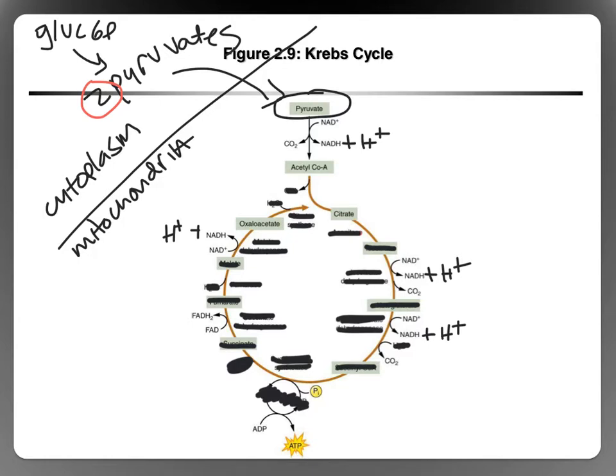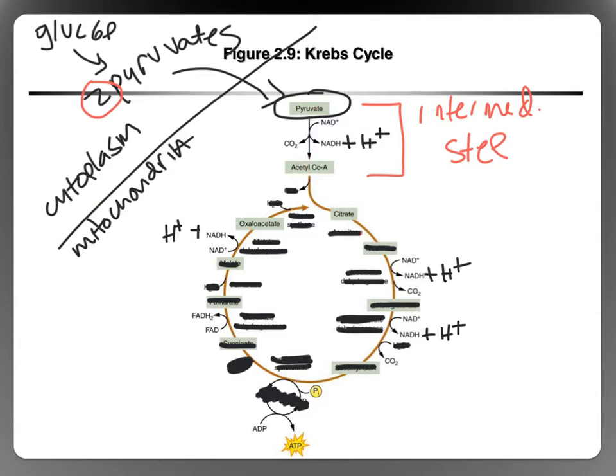So the first step here is called the intermediate step. In the intermediate step, the substrate pyruvate becomes acetyl-CoA.